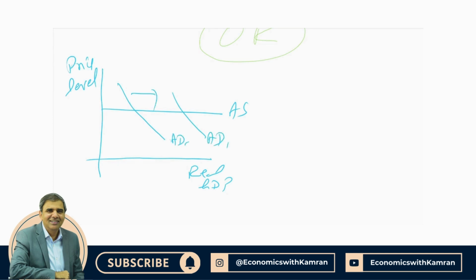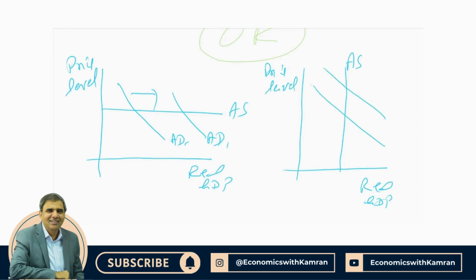But if excess capacity is not available, an economy is operating at full employment, AS is vertical, in that case, increase in AD will lead to higher inflation, higher price level.